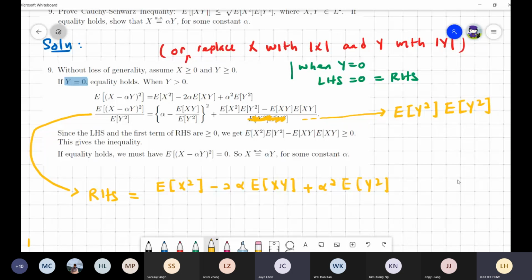So if you divide it by X squared, that will be this, and this one will end up to be 1. Okay, so that will be this.